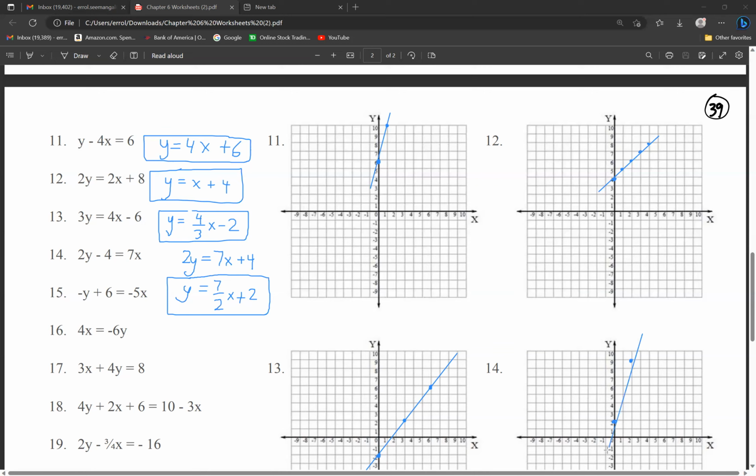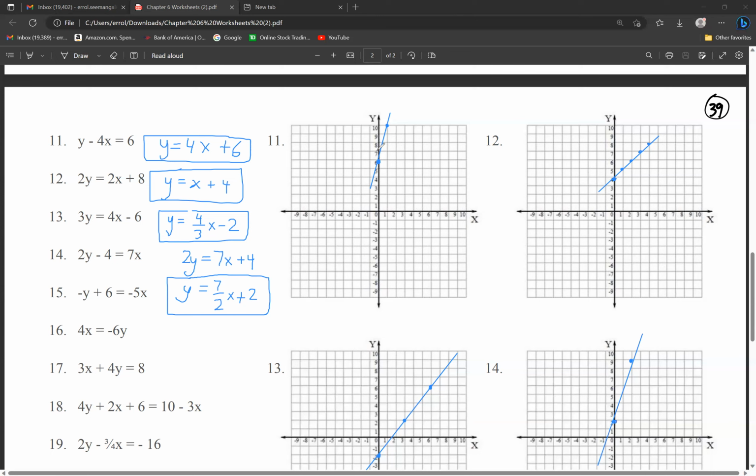What do you notice about those 4 lines? What do those 4 lines have in common? They all slope up to the right.